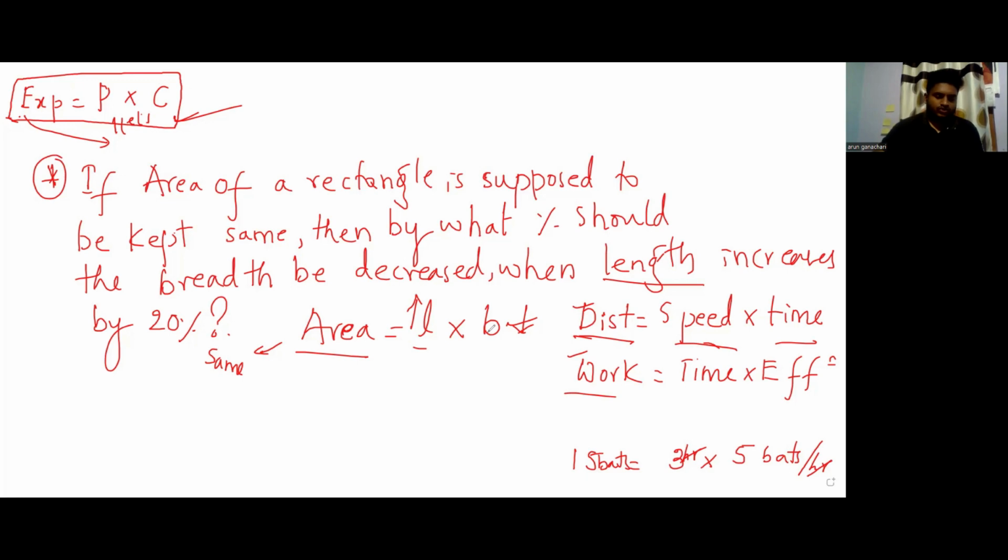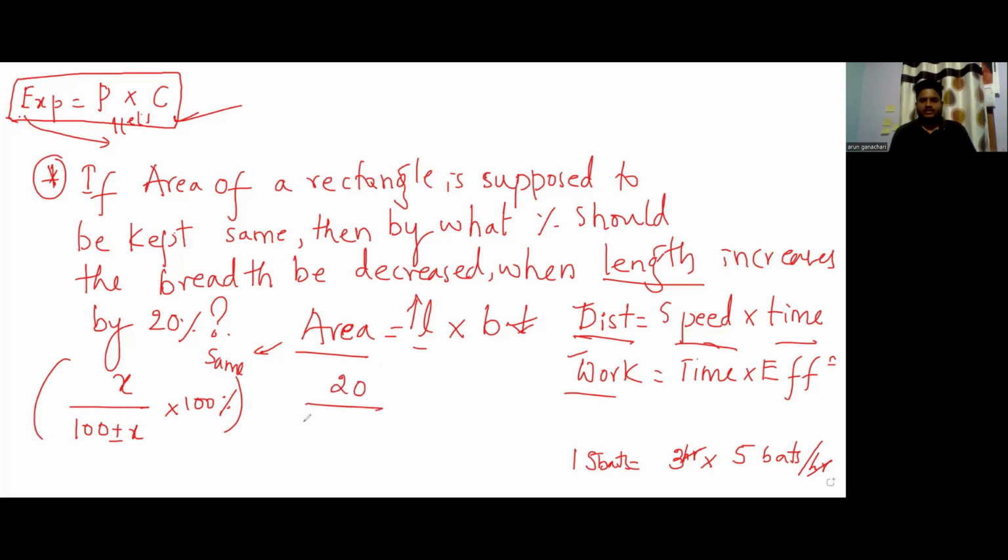Which formula are you supposed to use? x by 100 plus or minus x, into 100%. Listen now. Here x is 20.